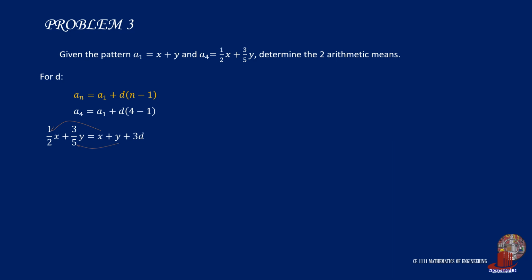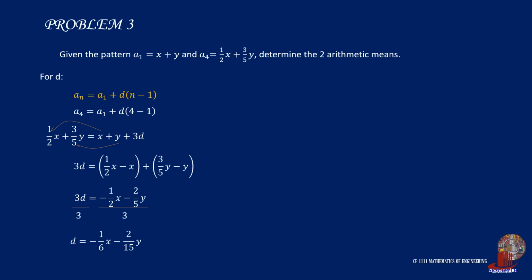Put together all the x's and y's to isolate d and have 3d as equal to half of x minus x plus 3/5 of y minus y, which can be simplified as 3d equal to negative half of x minus 2/5 of y. Take d by dividing everything by 3 to have negative 1/6 of x minus 2/15 of y.